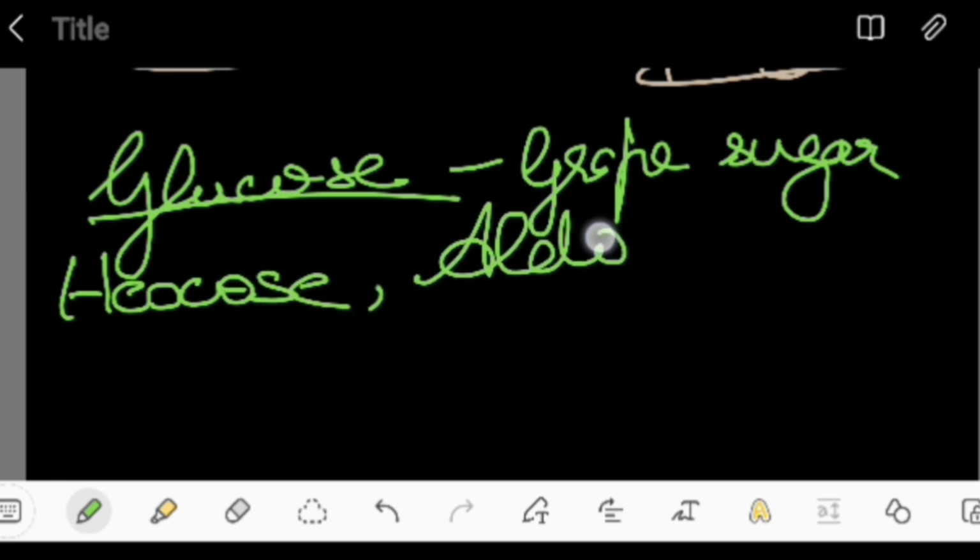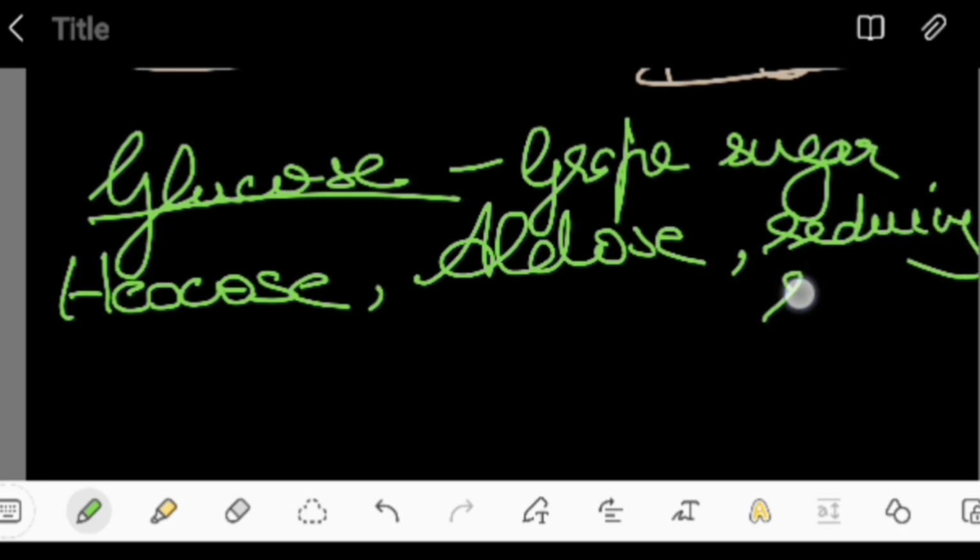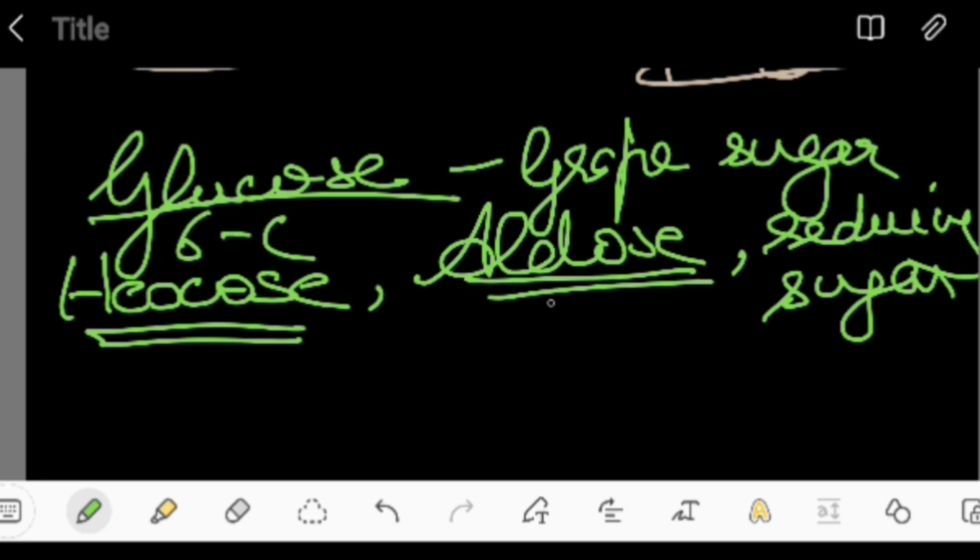It is an aldose because an aldehyde group is present in it, and it is a reducing sugar. These are the characters of glucose. Just remember these. It is a hexose because 6 carbon. Aldose because it has a CHO group, an aldehyde group. It is a reducing sugar.